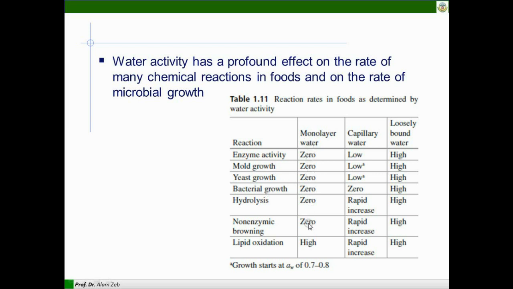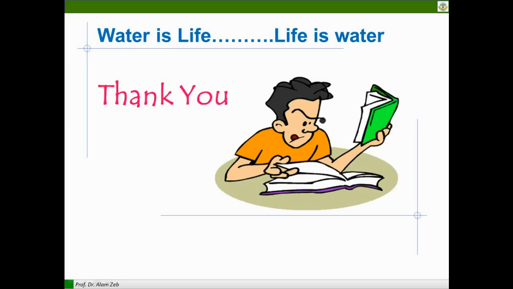Only the lipid oxidation is high in the monolayer water, while hydrolysis increases and then rapidly increases in the capillary water. So these are very important parameters for determination of food quality.